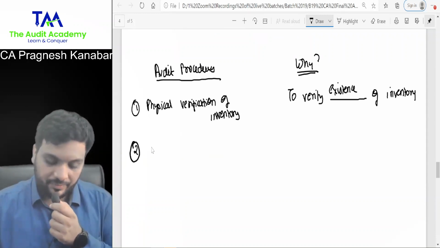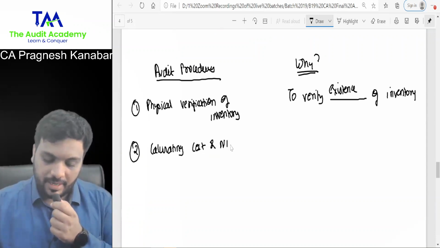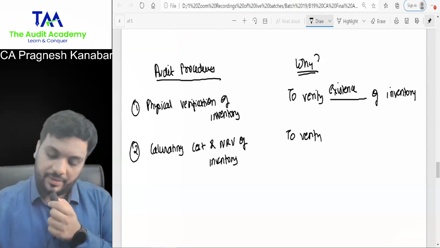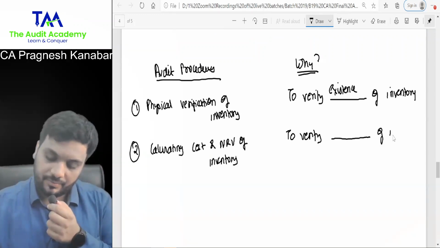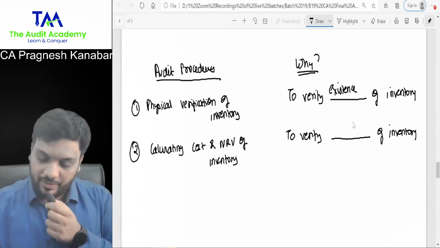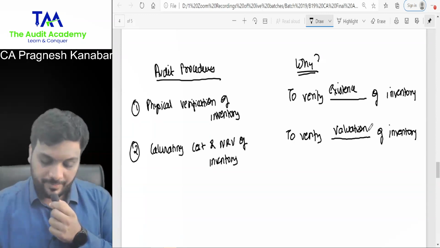Tell me, when I am calculating the cost and NRV of the inventory, then I am doing this to verify dash of inventory. The value, yes, the value of inventory. Very good. To verify the valuation of inventory. Okay, very good.